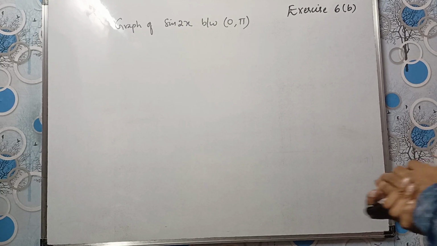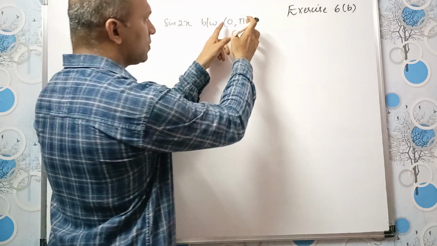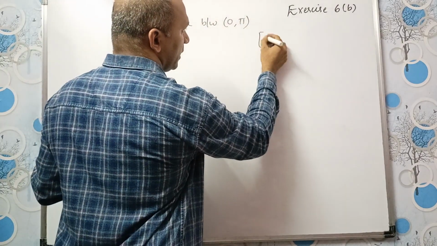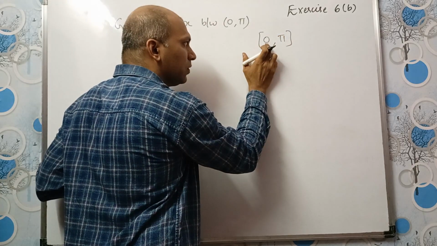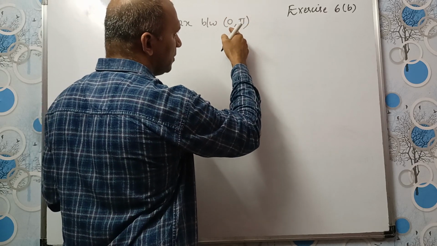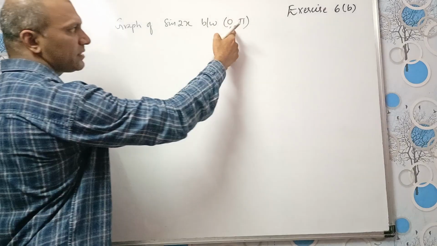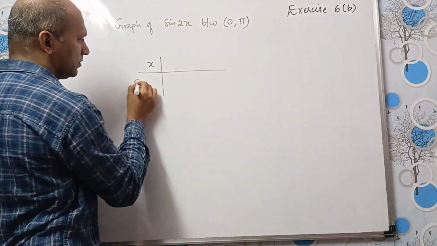Now let us draw the graph of sin 2x between 0 to pi. See, 0 and pi are not included. If we had square brackets, we could include 0 and pi. Since we have curved brackets here, 0 and pi are not included. So we should not take the values of x as 0 and pi. Let us draw the table first.